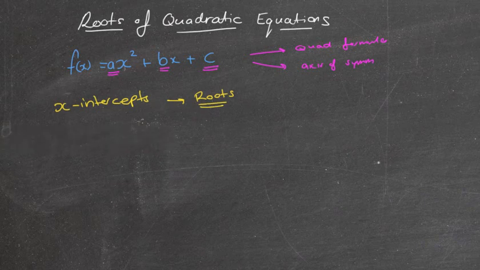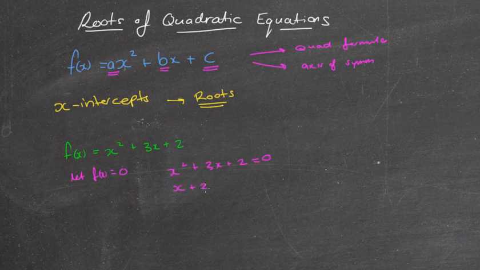For example, you might have the function f of x is equal to x squared plus 3x plus 2, where if I was asked to solve that, we'd let y equal 0, or f of x equals 0. We'd get x squared plus 3x plus 2 equals 0, which is now a quadratic equation. We then solve it.